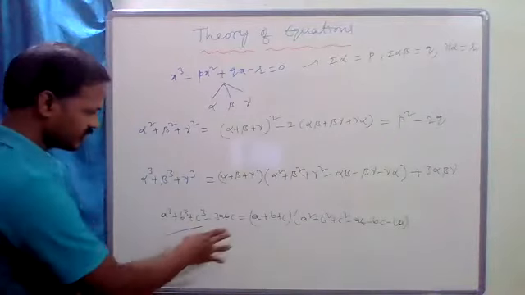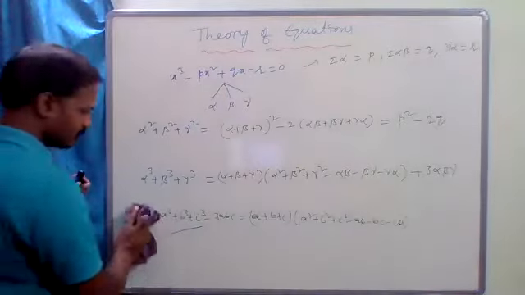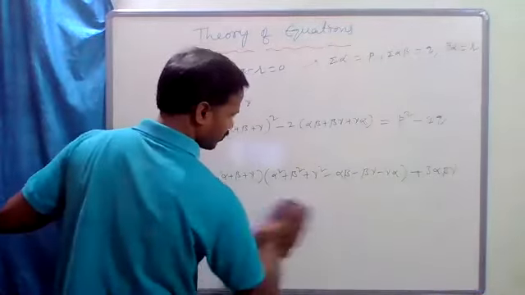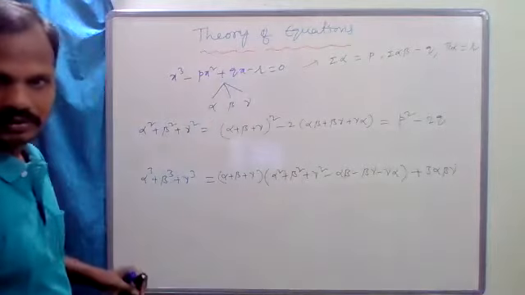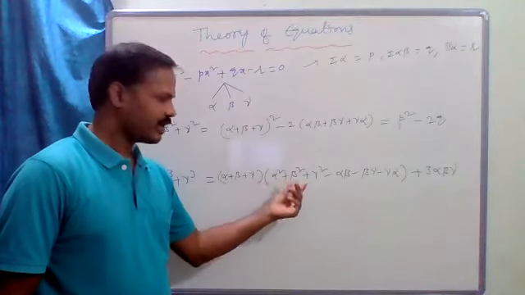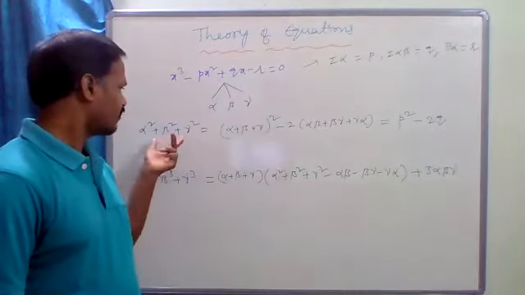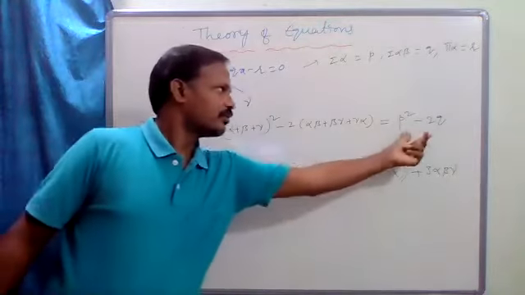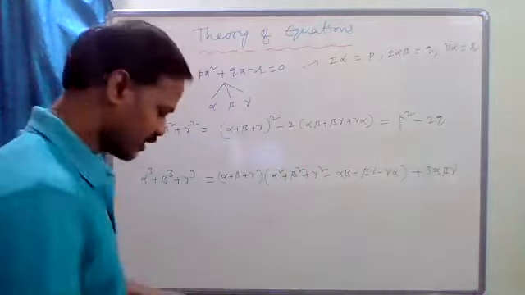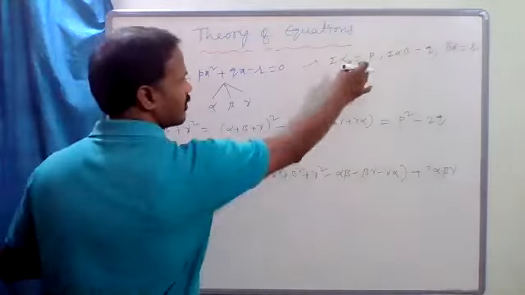By using this formula, we can write it like this. You know the value of this one, but you don't know this value, so again you have to convert it. The value of this one is p square minus 2q. Substitute this, which is equal to alpha plus beta plus gamma, which is p.